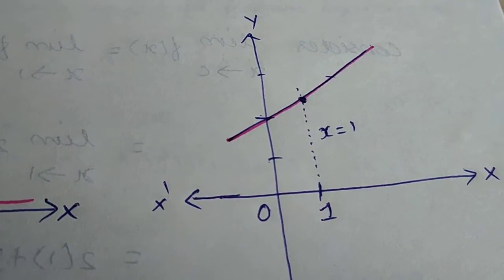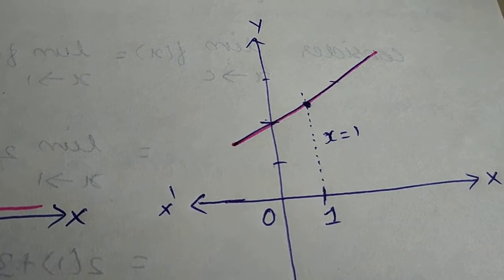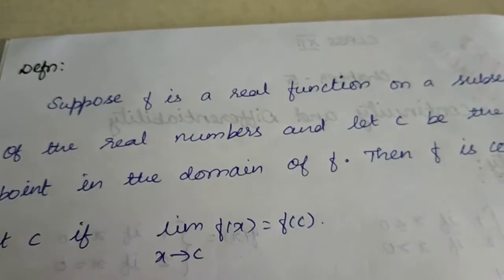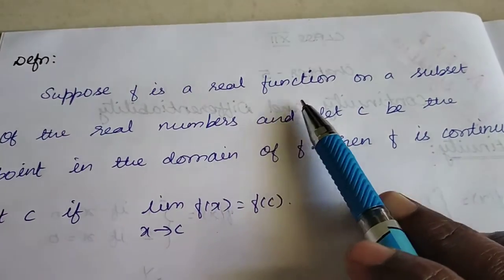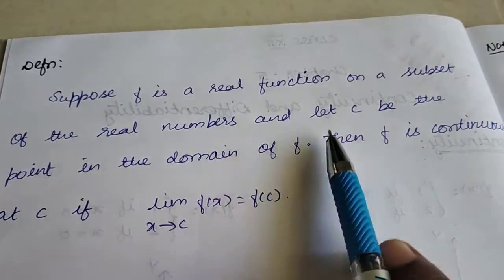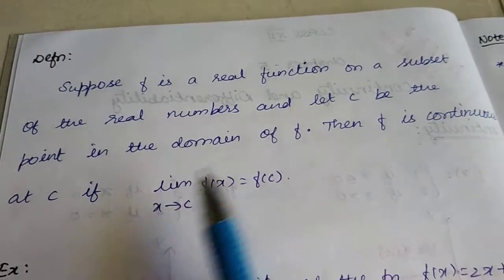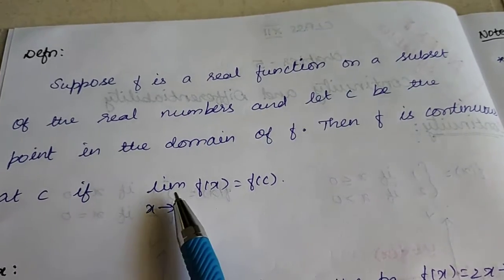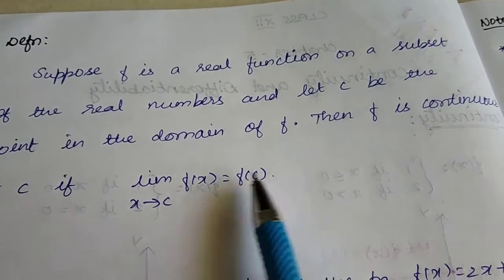So first let us see what is meant by continuous function in terms of definition. The definition is: suppose f is a real function on a subset of the real numbers, and let c be a point in the domain of f, then f is continuous at c if limit x tending to c of f of x equals f of c.